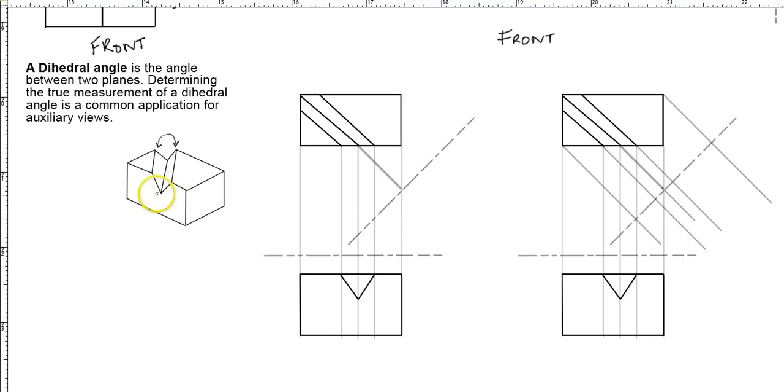So when we have an object that is cut in this angle, then it's tough to get the exact angle. Like for example, if I had this object right here, and if I had a dihedral angle going straight, like going straight down instead of going at an angle, if it would have gone straight like that, then it would have been a lot easier for me to measure this angle.